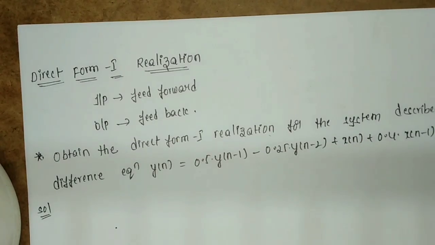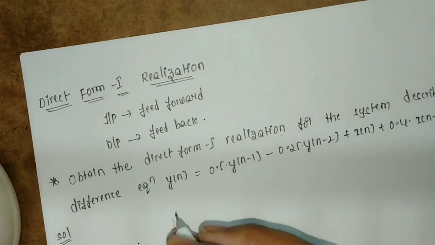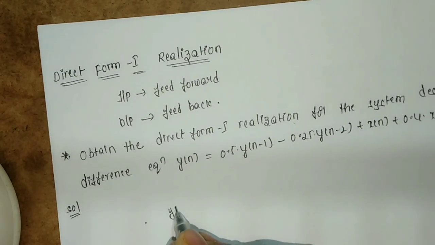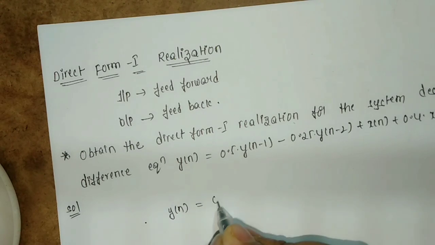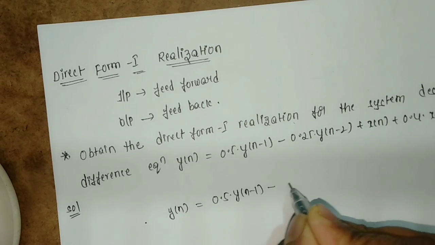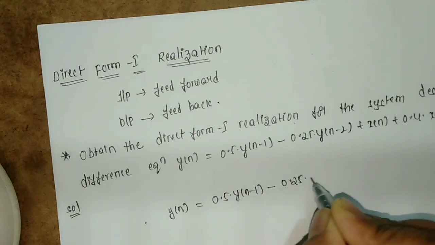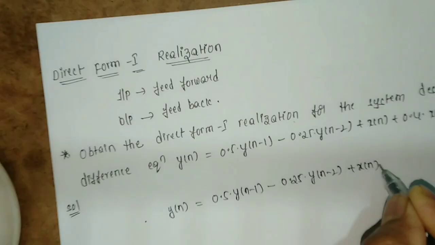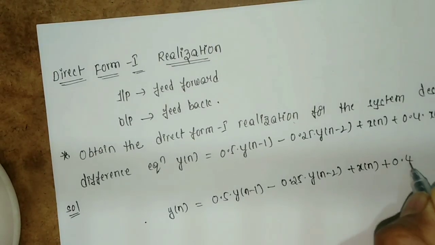The first step is to write the equation: y of n is equal to 0.5 into y of n minus 1 minus 0.25 into y of n minus 2 plus x of n plus 0.4 into x of n minus 1.